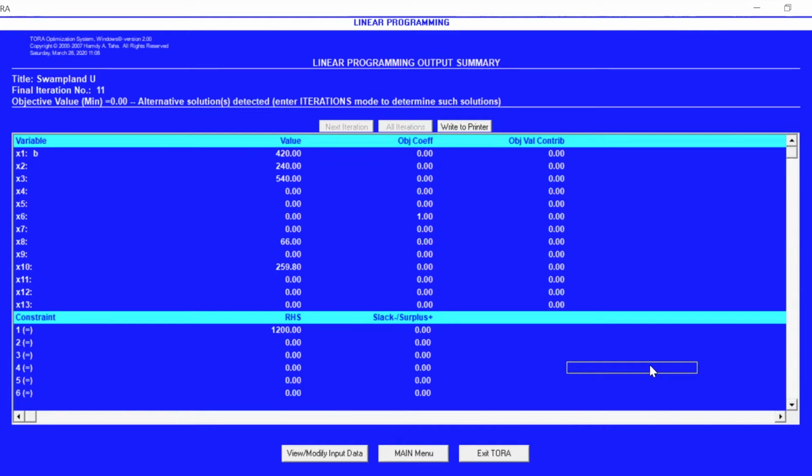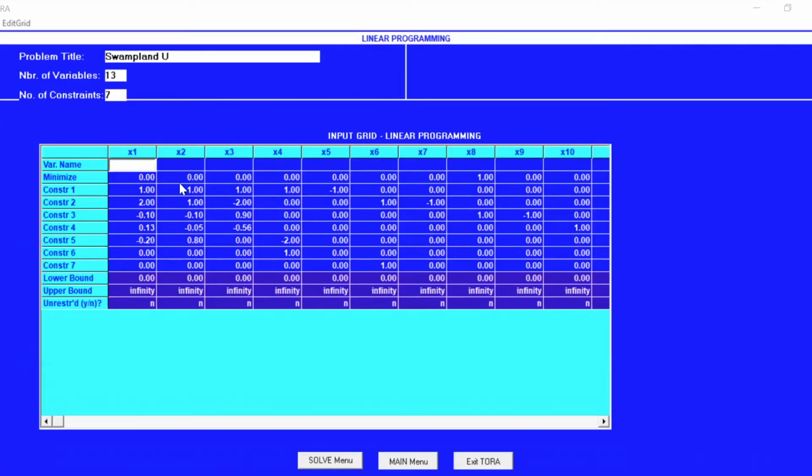And we have X8 at 66, and X11 at 259.80. So keep going with that. We still had a 0 deviation for B. We are getting to C, and now we have 13 variables and 7 constraints.